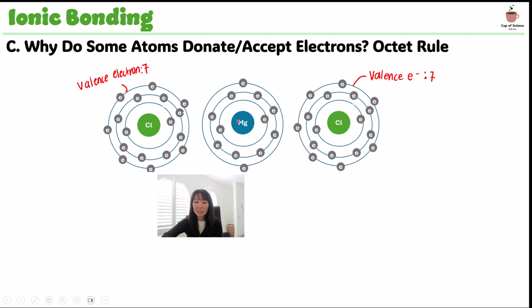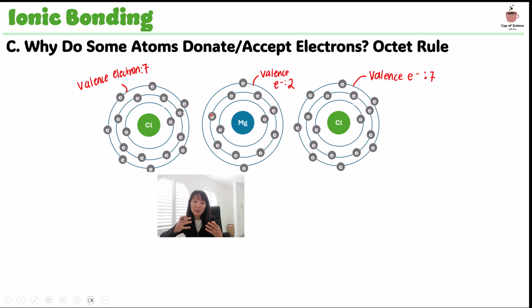Let's look at magnesium. Currently, the valence electron count is 2. They can gain 6 more in order to fulfill the octet, but they could also just lose the 2. If they lose these 2, they lose this entire valence row, but the next row over will have a totality of 8: 1, 2, 3, 4, 5, 6, 7, 8.